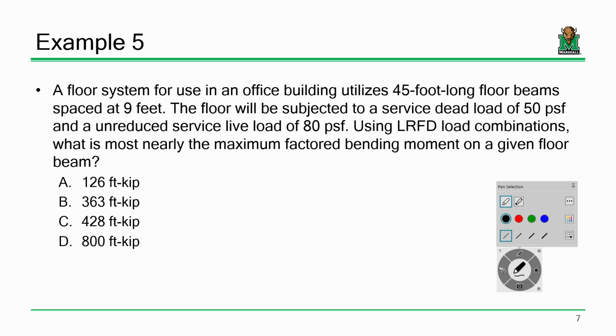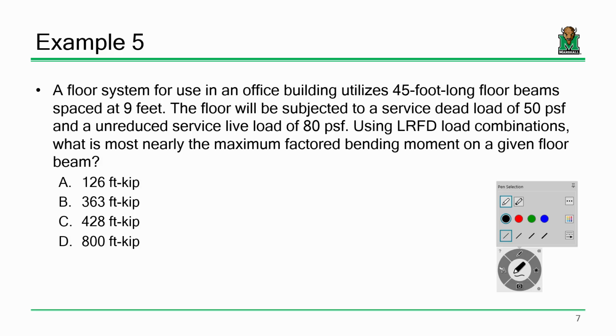All right, a floor system in a building uses 45-foot-long floor beams spaced at 9 feet. The floor will be subjected to a service dead load of 50 psf and an unreduced service live load of 80 psf. Using LRFD load combinations, what is most nearly the maximum moment on the beam?